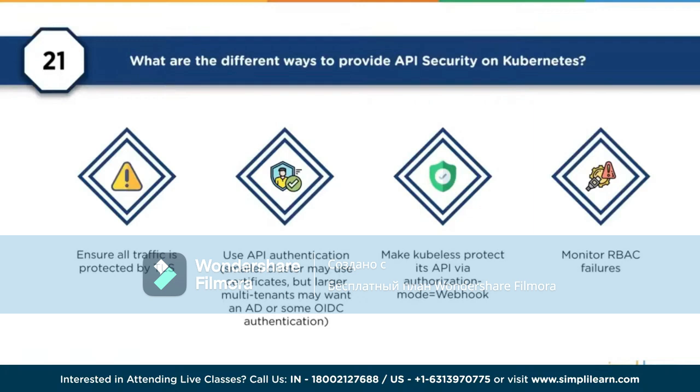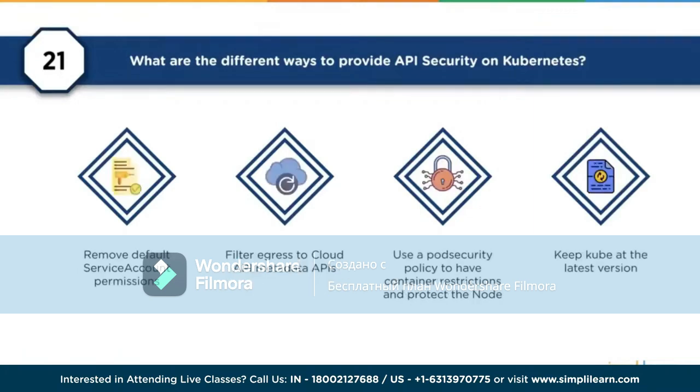The fourth is to monitor RBAC failures. The fifth is to remove those default service account permissions. The sixth would be to filter egress to cloud API metadata APIs. The seventh is to use pod security policy to restrict container policies and protect the node. And the eighth and final is to keep kube at the latest version.